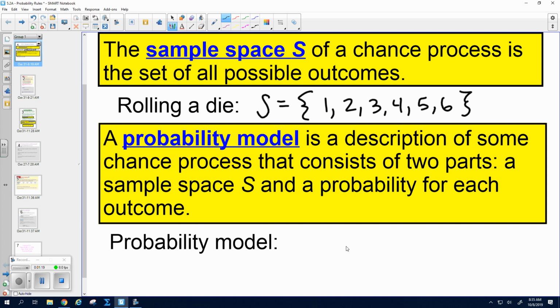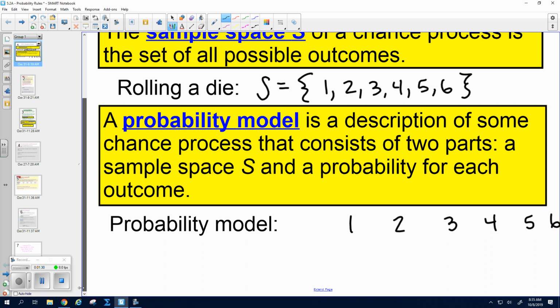So maybe I have my probability model. I could get a 1, a 2, a 3, a 4, a 5, or a 6 for my dice. And then I'd have to list the probability of that. So maybe I label this event A, and then this would be P of A, the probability of it happening. Well, what's the probability of rolling a 1? 1/6.